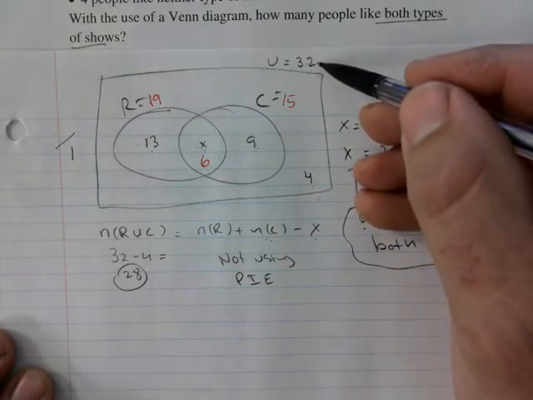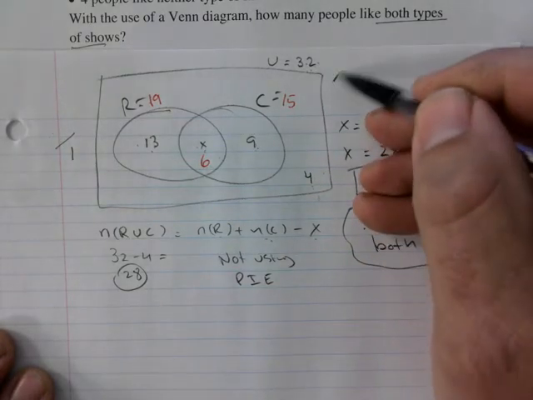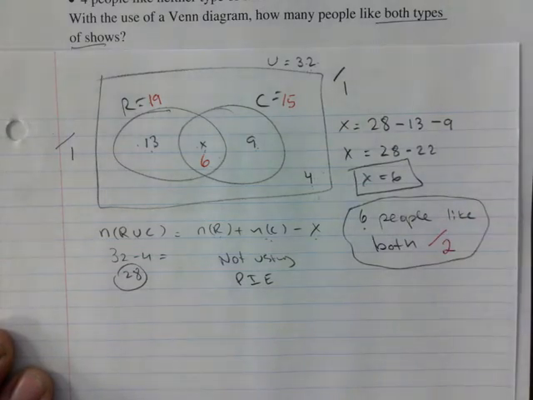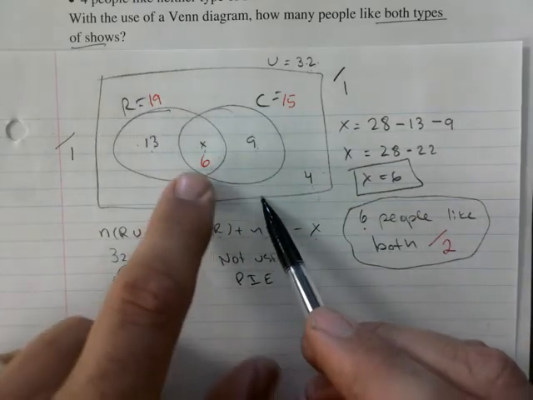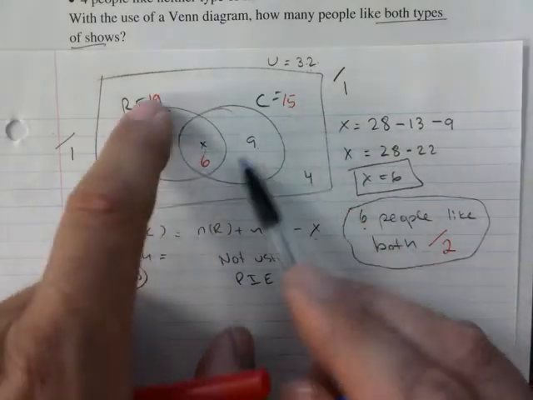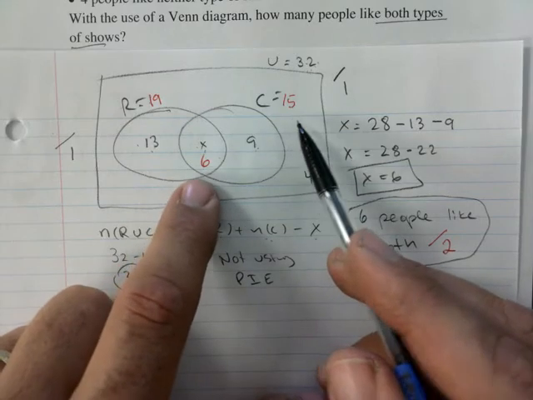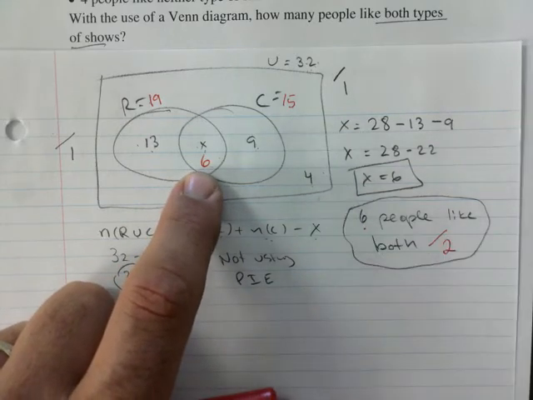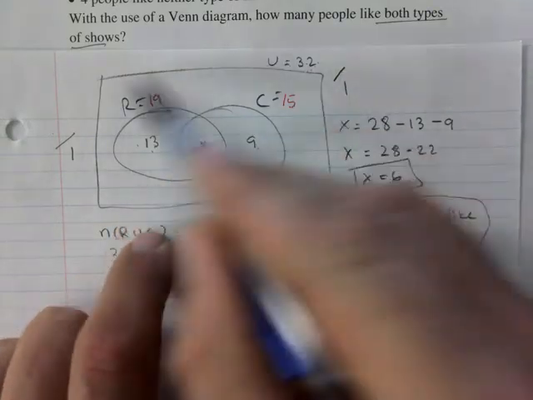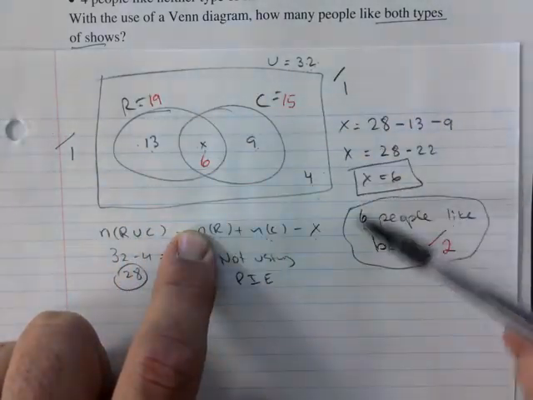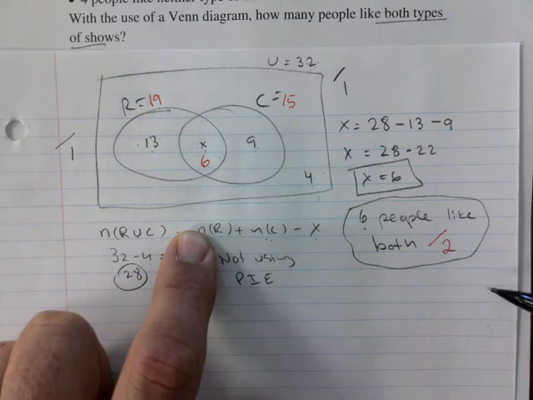If you have the universal and the outliers where they belong, you get another mark. So technically you get 2 marks for the Venn diagram. Don't worry if the 6, the 19 and the 15 aren't in there, because I didn't ask you for that. I was asking for the 6. So 2 marks for the Venn diagram, 2 marks for figuring out the 6 in the center.